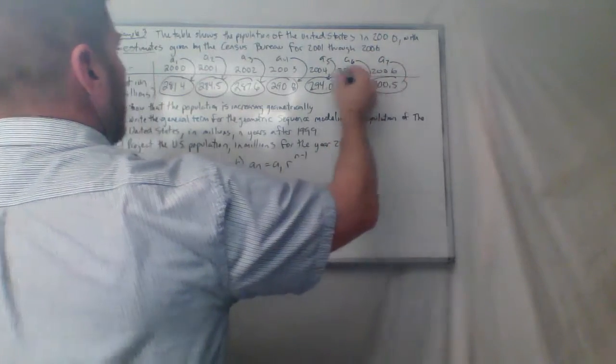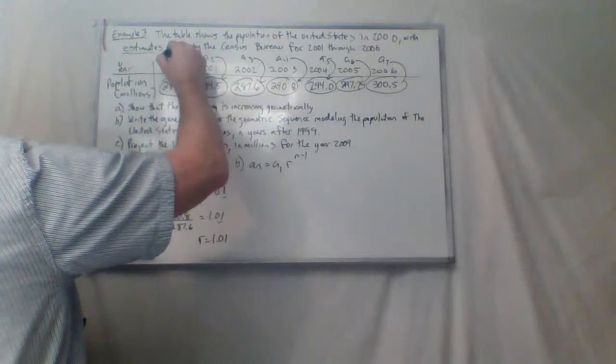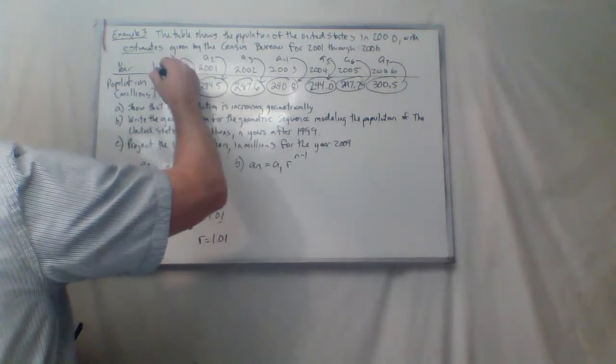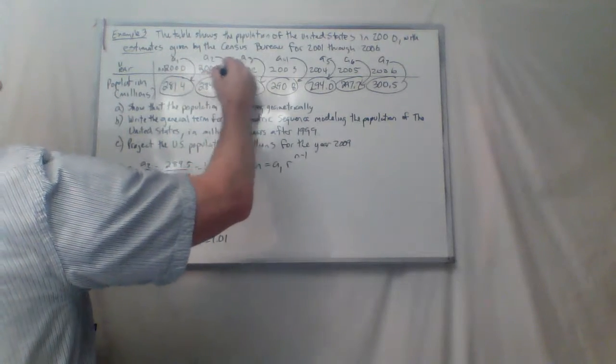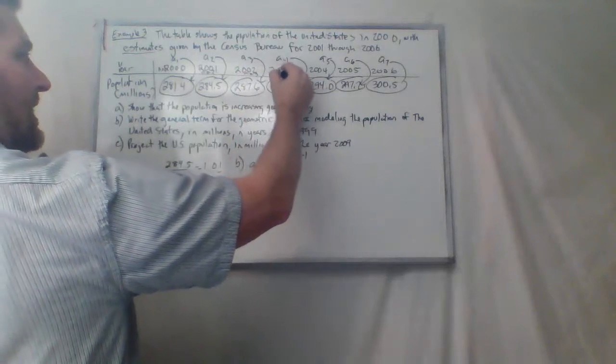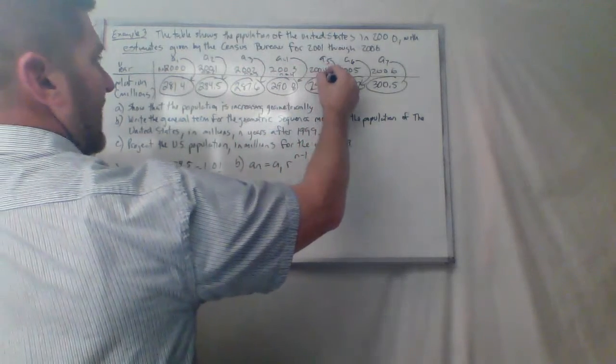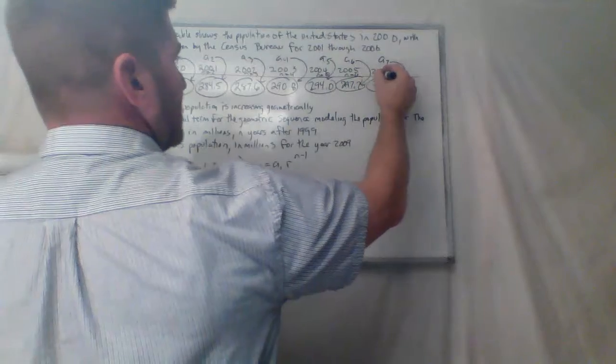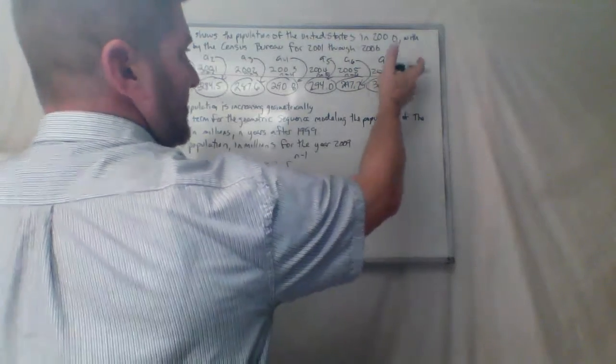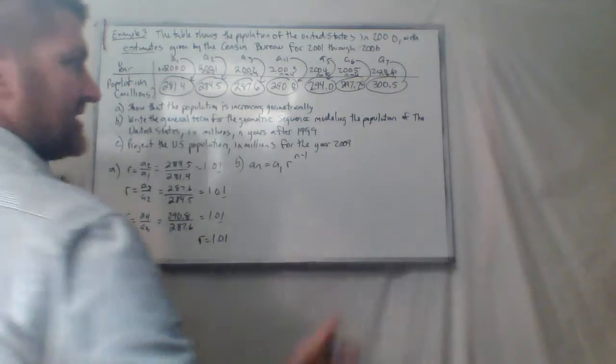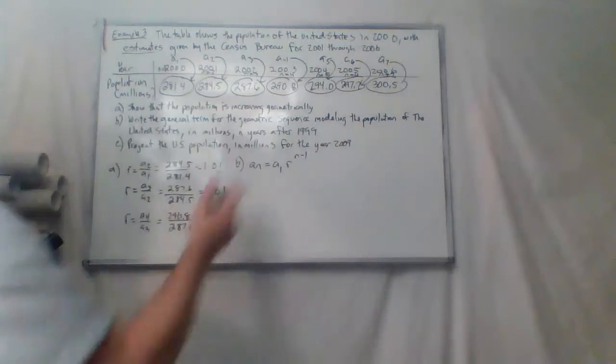So that's A1, n equals 1. This is n equals 2, n equals 3, n equals 4, n equals 5, n is 6, n is 7. So the seventh year would be 2006, 7 years after 1999.